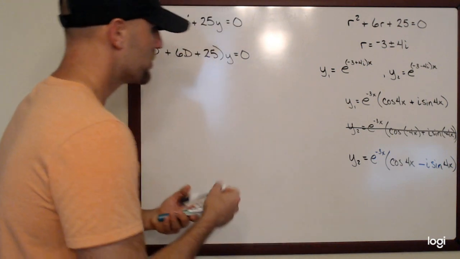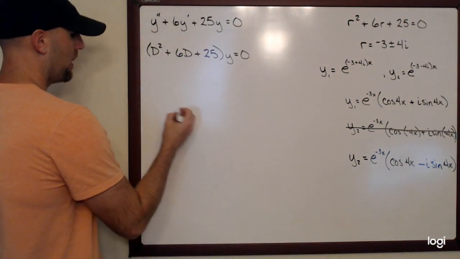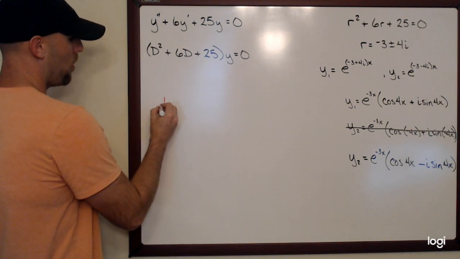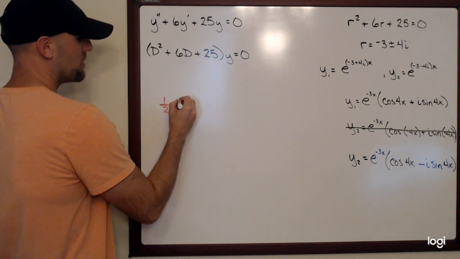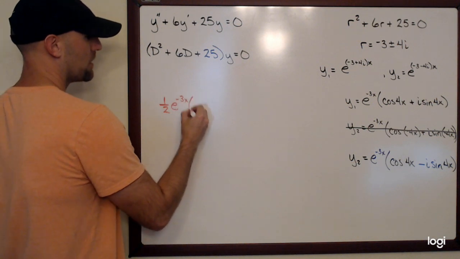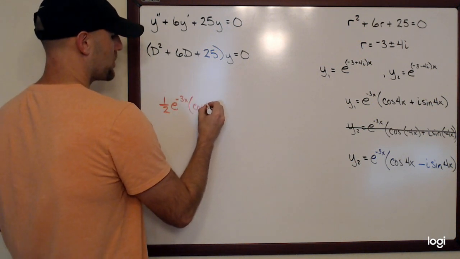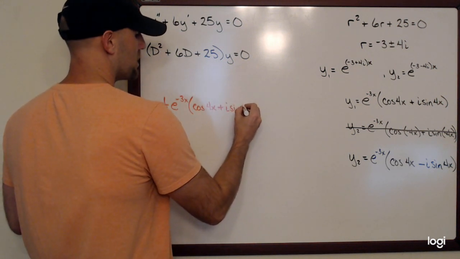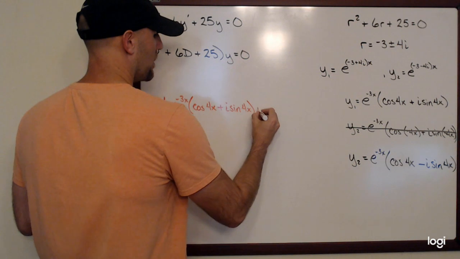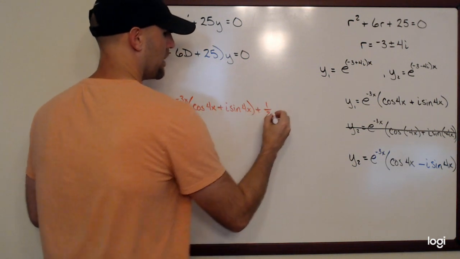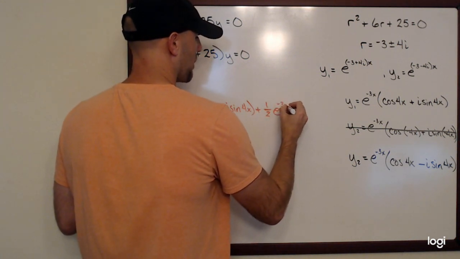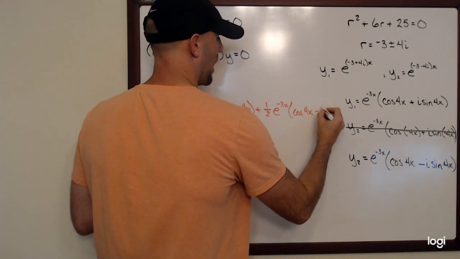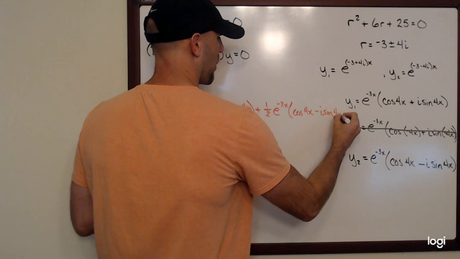Okay, so if I take, let me do this in another color. If I take 1/2 times e to the -3x times (cosine 4x plus i sine 4x) plus 1/2 times e to the -3x times (cosine 4x minus i sine 4x).